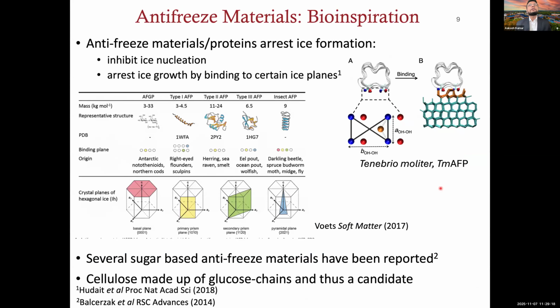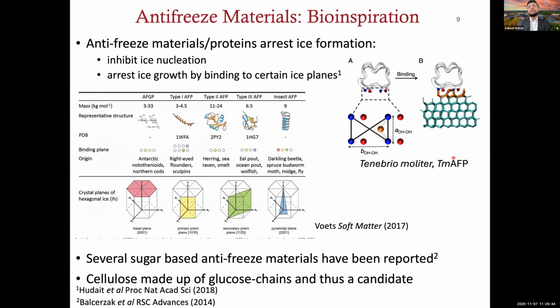So coming back to our major focus on antifreeze materials, right? We know that antifreeze materials, or these proteins, have the ability to arrest ice formation. They could inhibit ice nucleation to begin with, or they could bind to certain ice planes. And for that, we have another very good example. This is a computational setup, but it shows an insect called Tenebrio molitor.